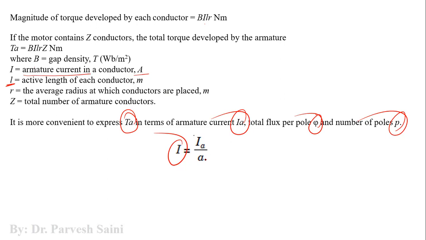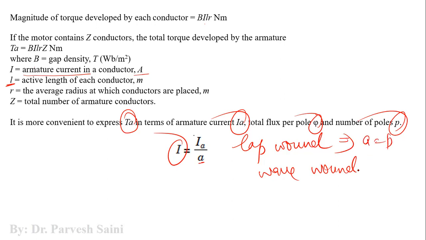Now this is nothing but the armature current per parallel path, because we may have lap wound or wave wound DC motors. In lap wound A is equal to P, in wave wound A is equal to 2.